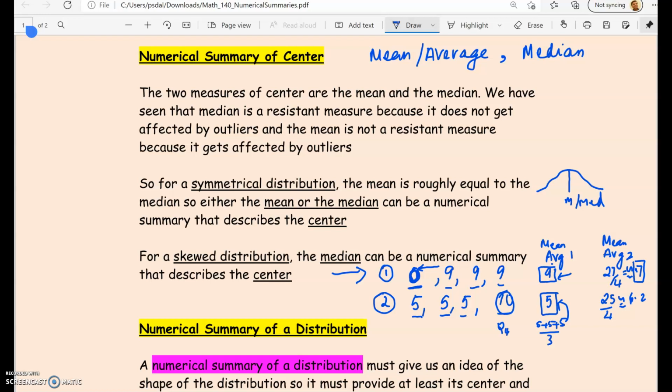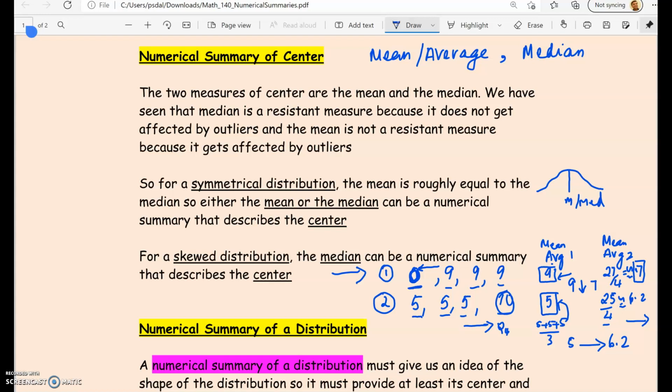So 5 plus 5 plus 5 plus 10 becomes 25, and when we divide by 4, it becomes 6.2. So the mean gets pulled towards the skew, away from the center. In this case, the mean gets pulled to the right, increasing from 5 to 6.2 if there is a right skew. And in the first case, it gets pulled down from 9 to 7 because of the left skew.